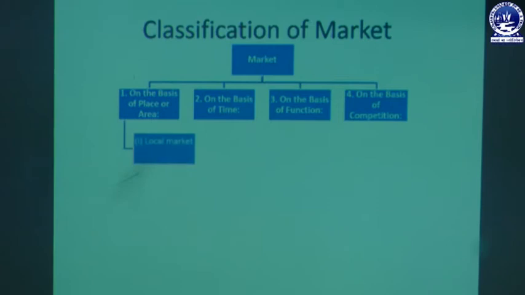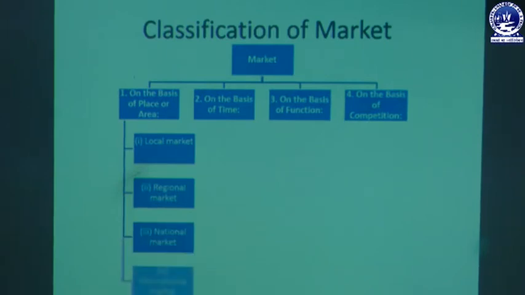On the basis of place, the market could again be of 4 types: the local market, regional market, national market and international market. Those are the categories of market on the basis of the place or area where the market is operating.